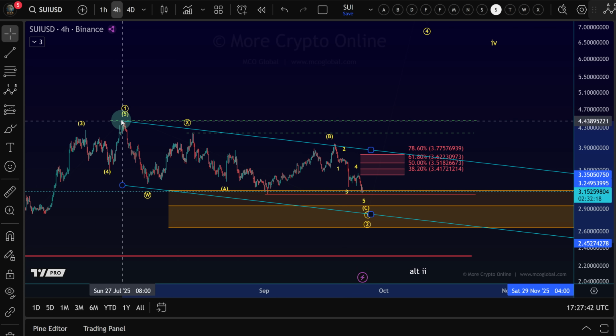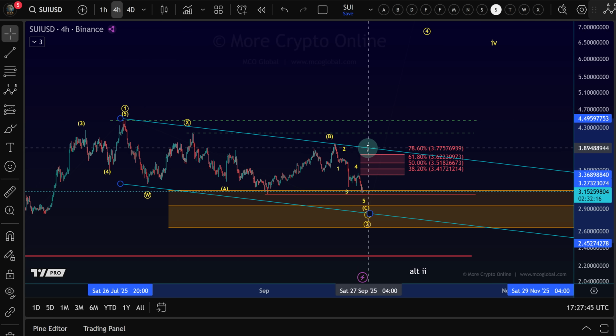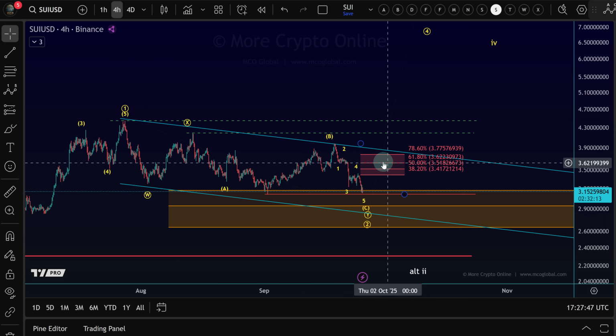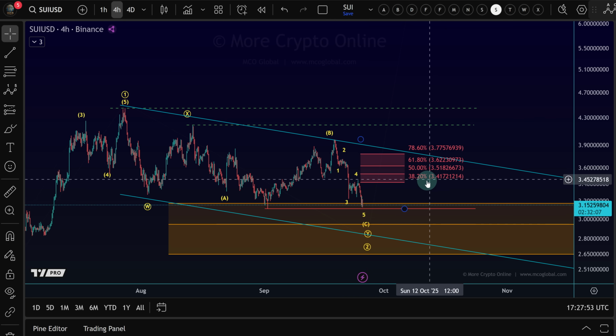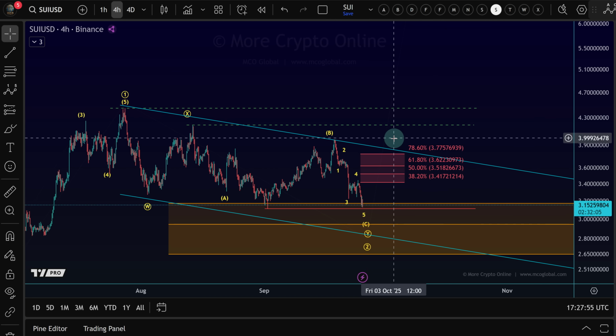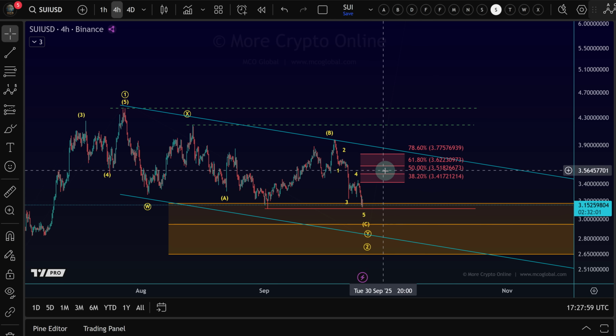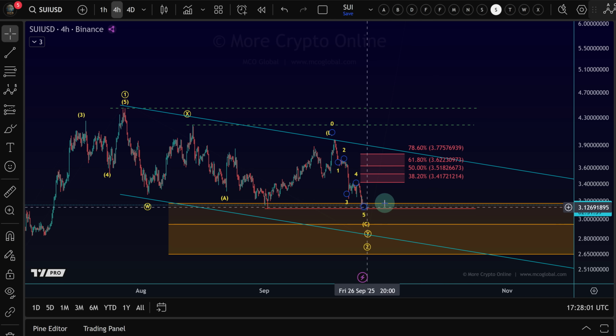We just adjust that slightly here. But yeah, the Fibonacci resistance area, which is measured based on the last decline, is located between $3.41 and $3.77. So also a very, very important resistance area here we have to consider, we have to watch.